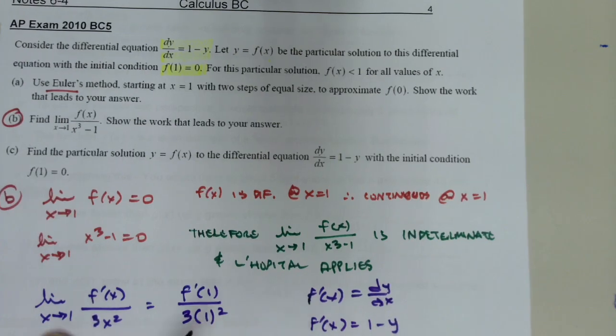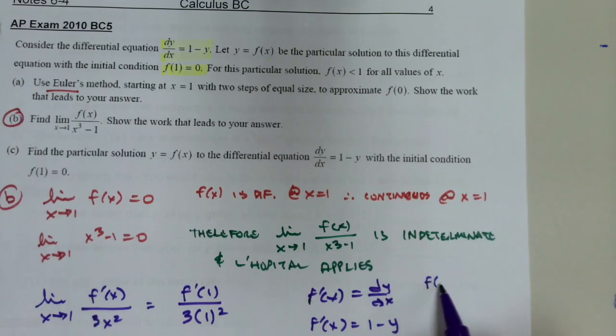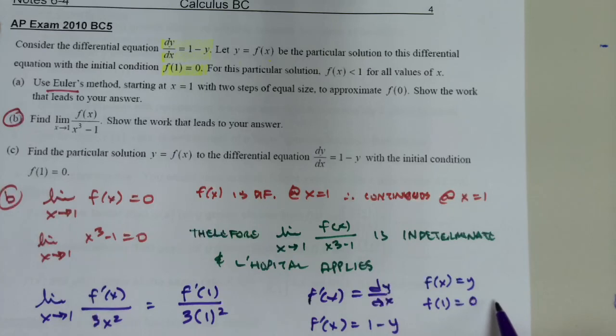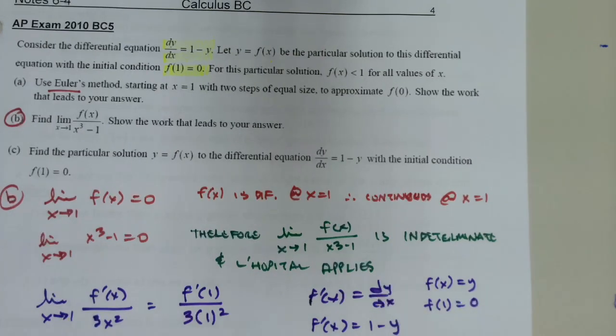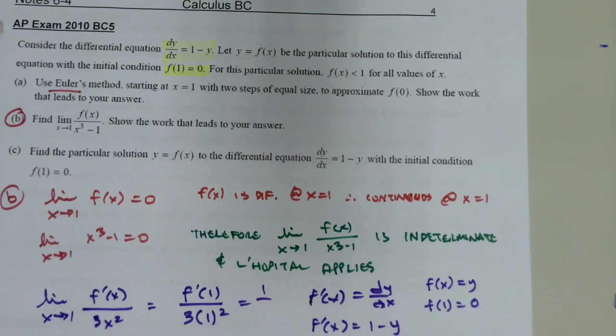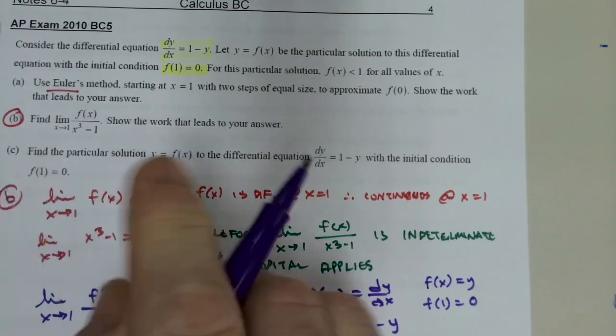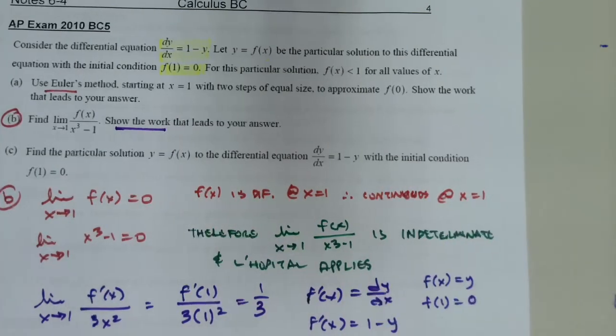But think about it. Y is just f of x, so when x equals 1, this will be y of 1, which of course is 0. So that means f prime at 1 will be 1 minus 0, or 1. This just is going to be 1 over 3 times 1 squared, or 1/3. Okay. That's showing all the work that leads to our answer.